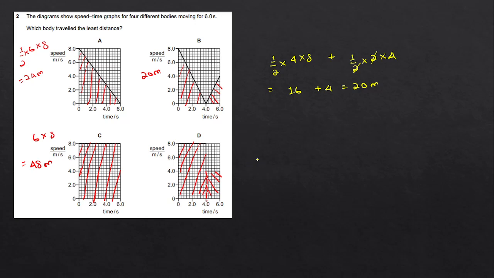The area of the first rectangle is given by 4 times 8 plus the second rectangle is given by 2 times 4. So 4 times 8 is 32 plus 8, that would be 40 meters. So the distance traveled in this fourth graph is 40 meters. Among these four, option B has the least area under the curve. So the correct answer is option B.